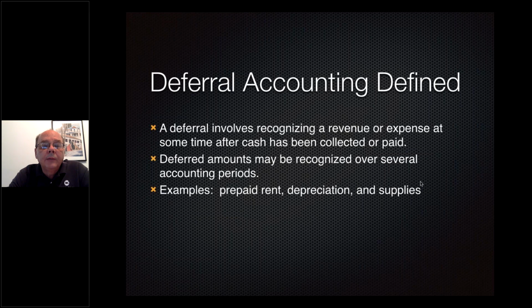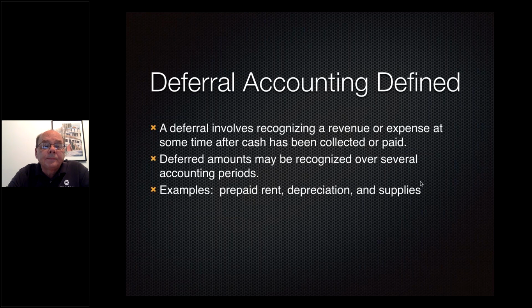In month 2, we have no rent expense because we've already expensed the $12,000. We have no outflow of cash because we've already paid it. So it looks like we have no rent at all in months 2 through 12. However, in month 1, it looks like we're paying $12,000 a month in rent. So that's not very good information.